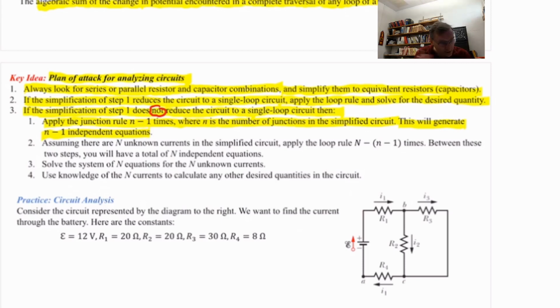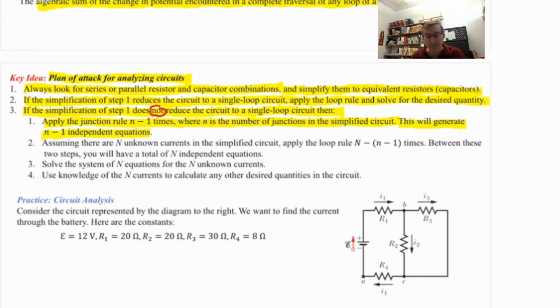I just showed you. So you only really want to apply it once if you have 2 junctions. If you have little n junctions, you get to apply it little n minus 1 times. If you apply it little n times, you'll find that last application of the junction rule will give you an equation equivalent to the ones you already got.